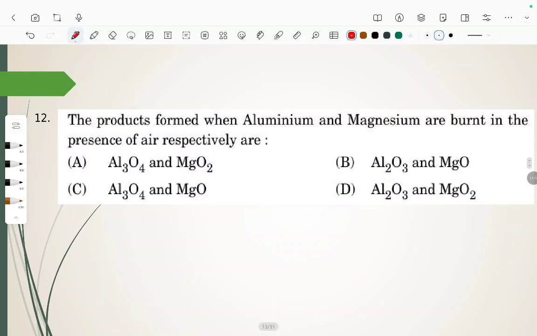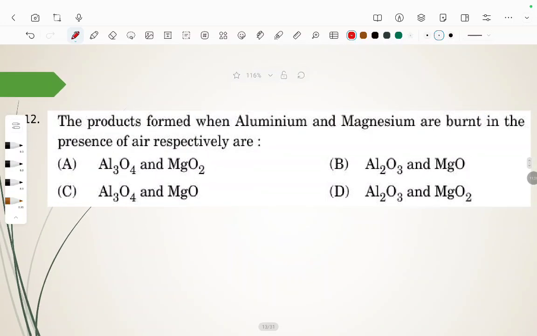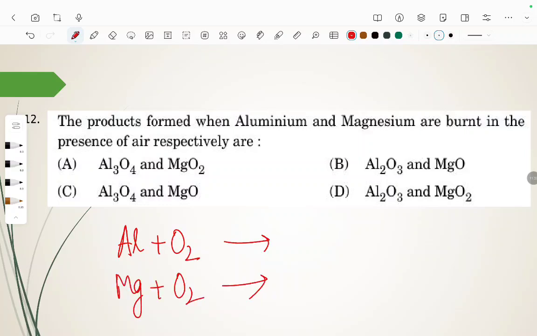Next question. The products formed when aluminium and magnesium are burnt in presence of air respectively are. Aluminium, what is its valency? Plus 3, and oxygen minus 2. Al2O3. Some students don't know how to make formulas.